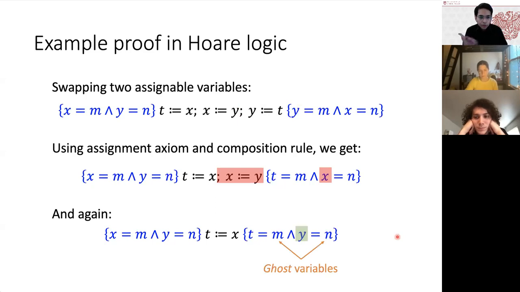We've been using these m and n, and we noticed that they are not really part of the program. So in Hoare-logic, these variables that are only used in the specification, in the triples, are called ghost variables. Another term is logical variables, or you can also call them auxiliary variables, but we'll use the terminology ghost variables for this work.